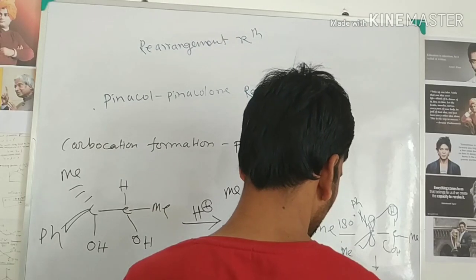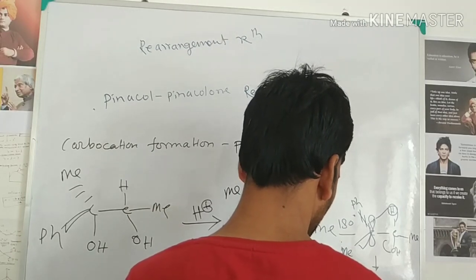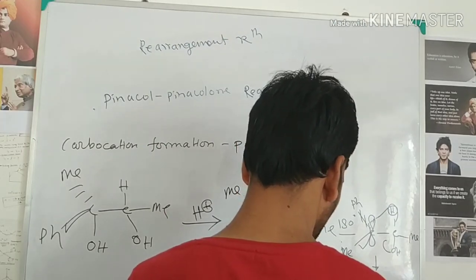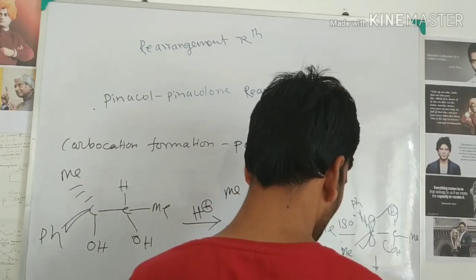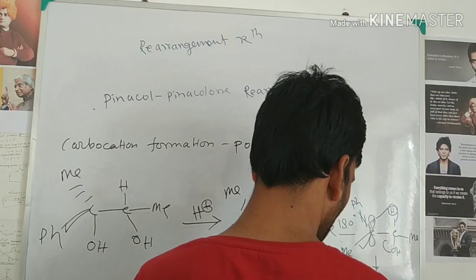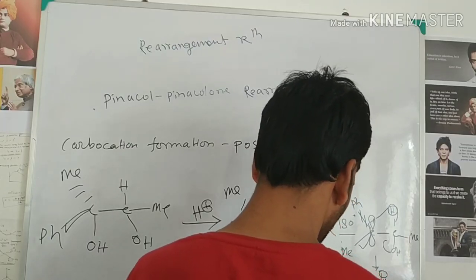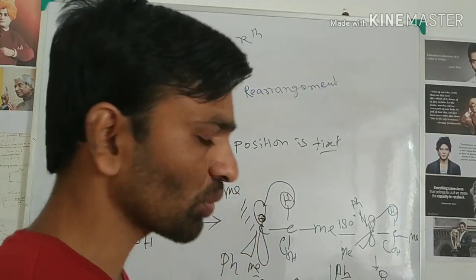is this one. This one is the final product. So this is the racemic product.